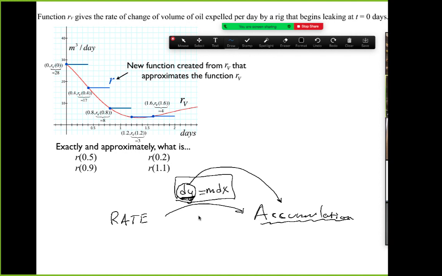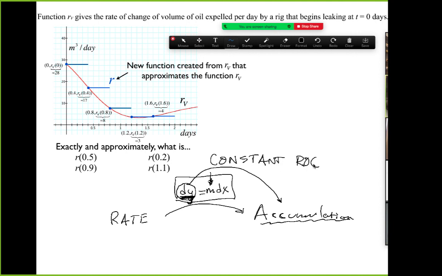If we want to find dy, I guess we have to have an m, so doing it that way allows us to get a constant rate, at least for that point. And then with a constant rate, we can get dy's, right? So this equation, dy equals mdx, is for constant rate of change.